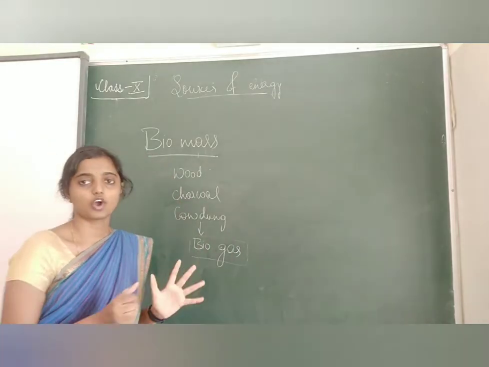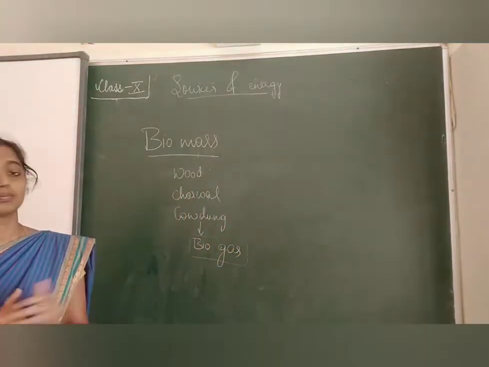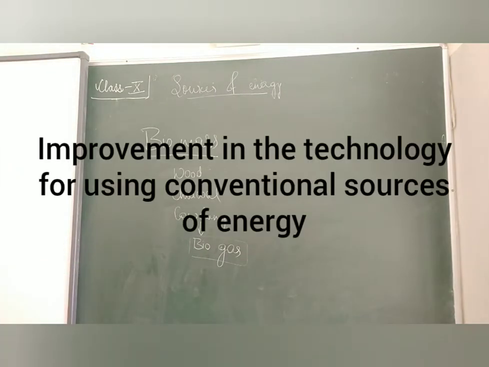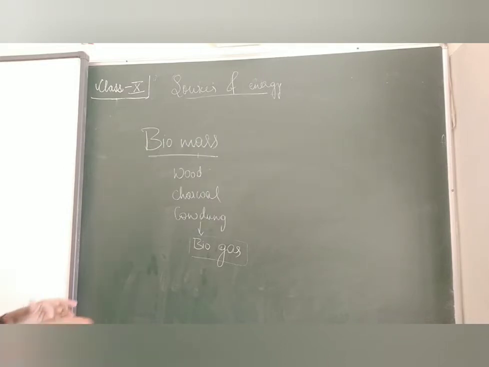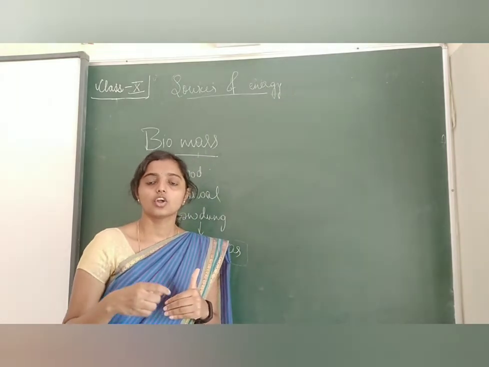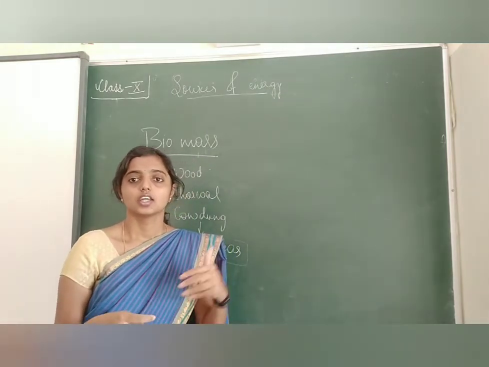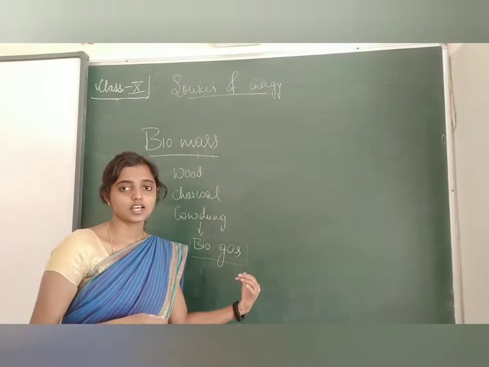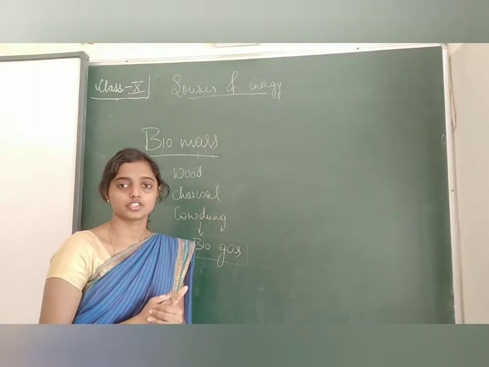So here the name of this topic is improvement in the technology for using conventional sources of energy. That is, this biomass is nothing but a traditional source. Later on, how technology is used to improve this as a conventional source of energy.